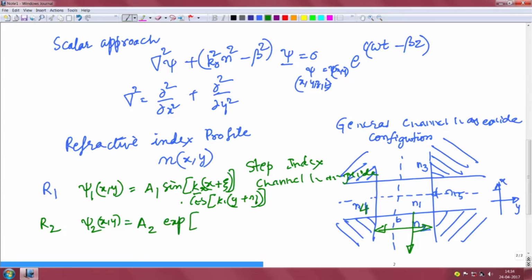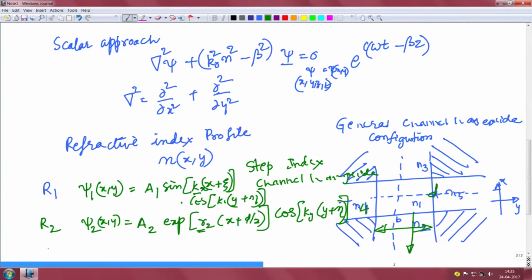I will call the decay constant as gamma 2, x minus d by 2, minus or plus, whichever, because that arbitrary constant A2 will absorb other arbitrariness of the constants, and along the y variation I will call it as ky multiplied by y plus eta. So, I am using the decay constant gamma 2, I will call this positive y direction, and d by 2, d is the depth.